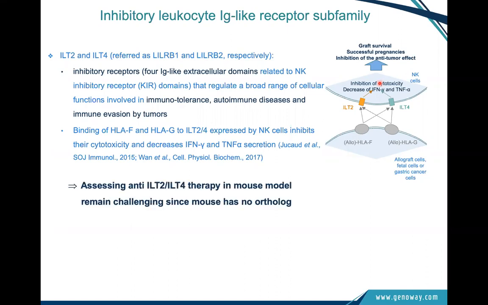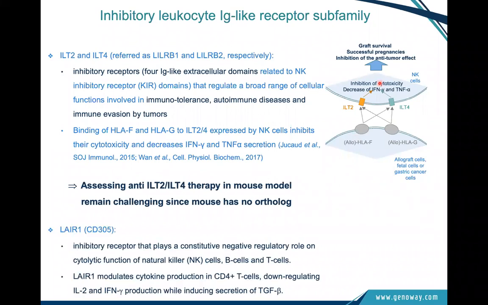These receptors are human-specific and they have no mouse ortholog, so you can't modulate them in mouse. They don't exist. There are other types of receptors such as LAIR or CD305, which do exist in mouse as well, and they are known to provide inhibitory signals by downregulating IL-2 and interferon gamma production while inducing secretion of TGF-beta. So they favor Treg development.